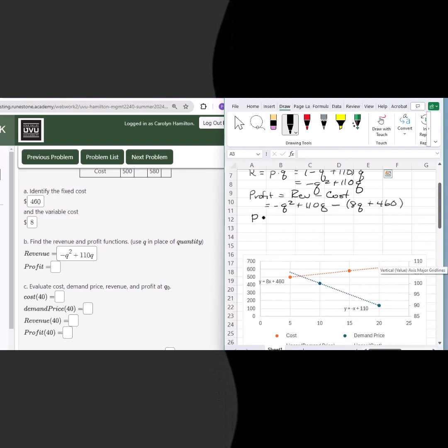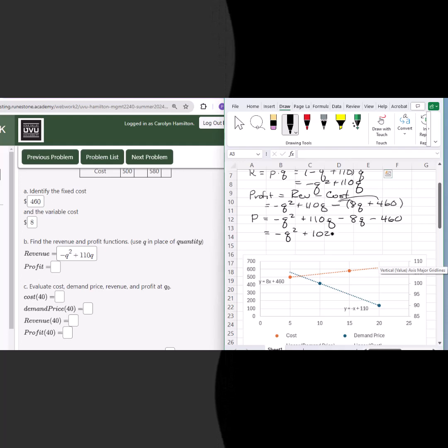So simplifying this, I'll have profit is negative q squared plus 110q. Distribute the negative through and then combine similar terms. Negative q squared plus 102q minus 460.